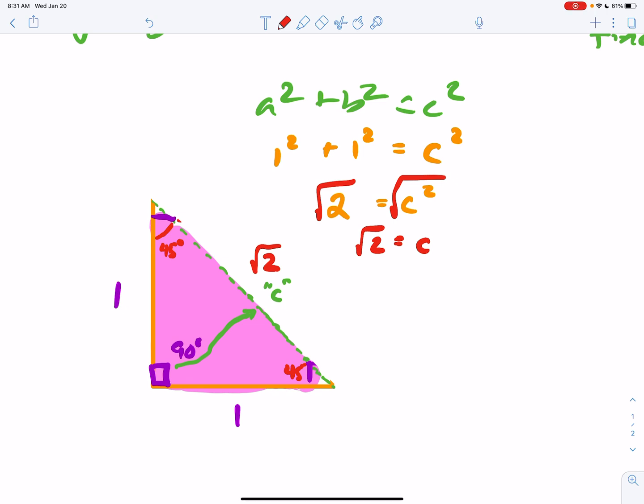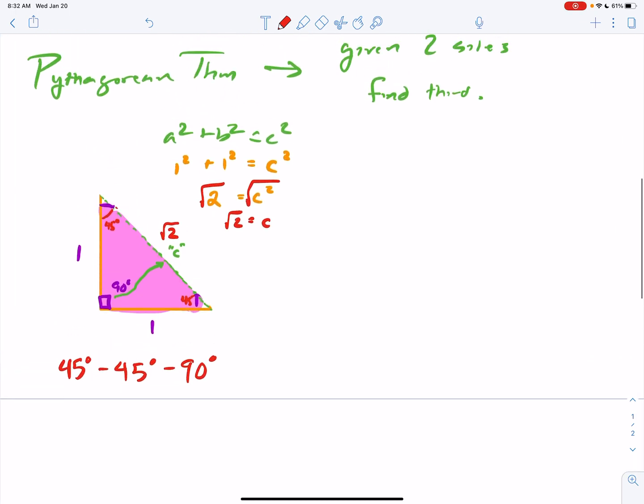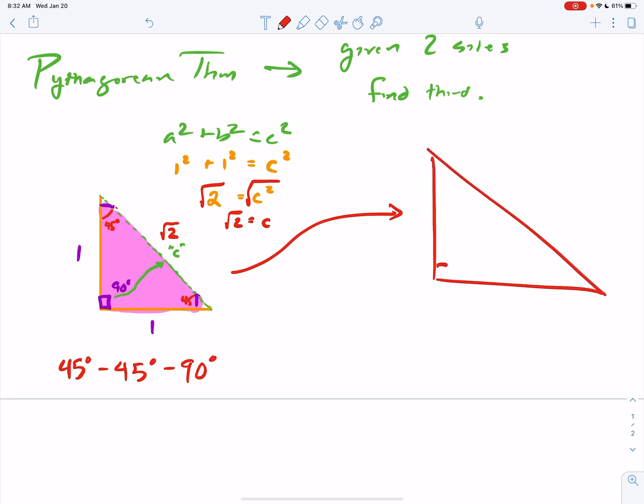Now, this is called a special right triangle. This is called a 45, 45, 90 triangle, okay? It's special in that the sides are all proportional. So here's how I want you guys to think about it. Your first 45, 45, 90 triangle, and I'm not drawing this to scale, okay?